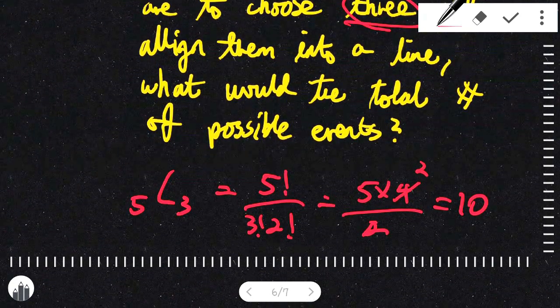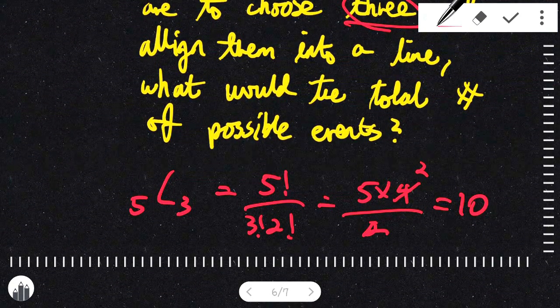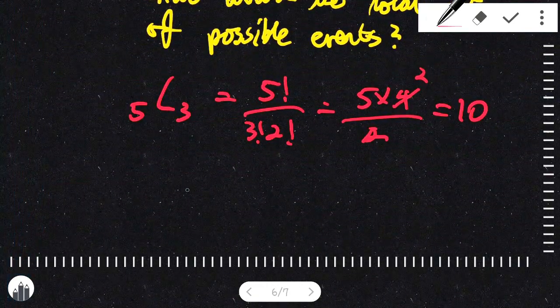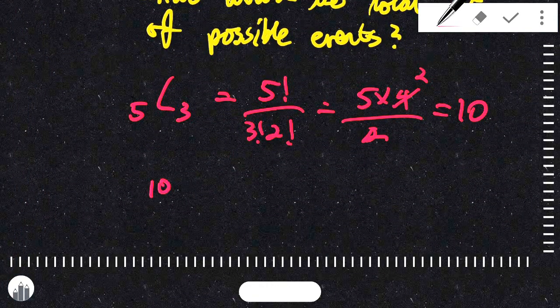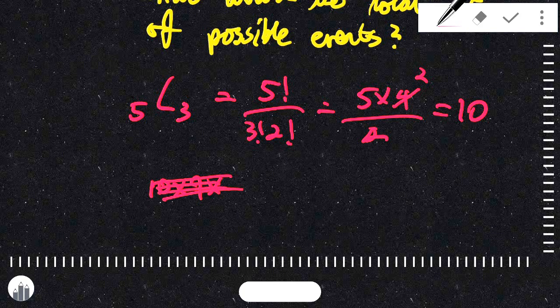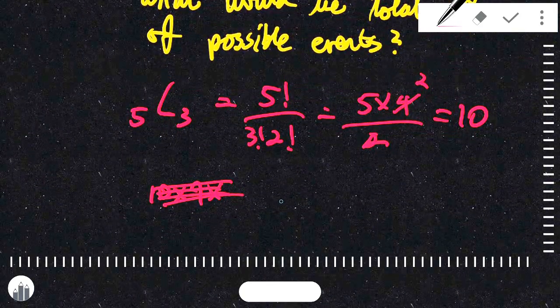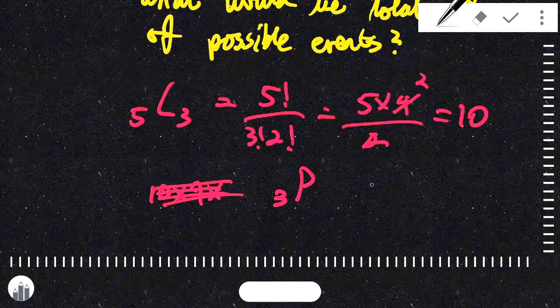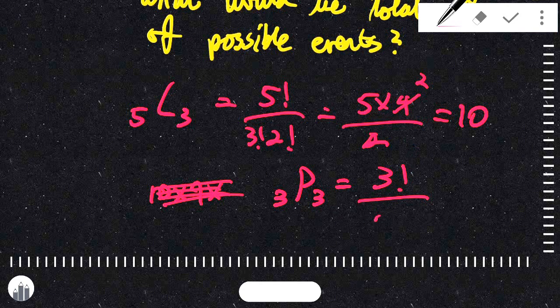Now we have chosen 3 people and we are going to align them into a line. That would be 10 times 9 times, actually we are going to use permutation. Out of 3 people, we choose 3 and align them into a line, which will be 3 factorial over (3 minus 3) factorial, 0 factorial, which is 3 times 2 times 1, that is 6.